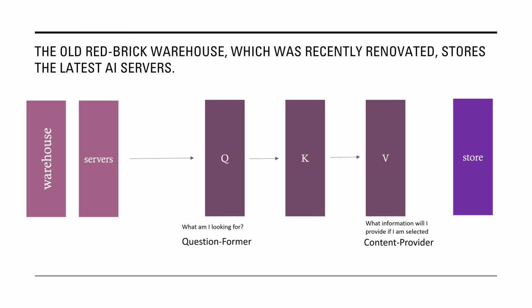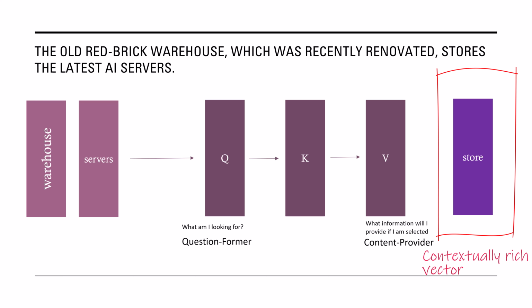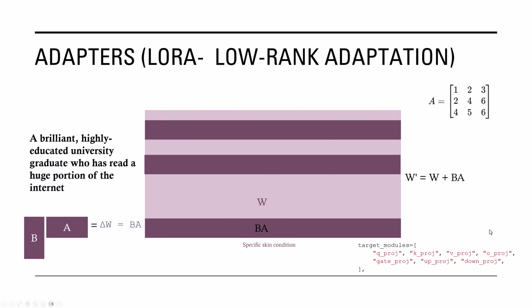So the final vector for store is no longer just its dictionary definition. It is now a contextually rich representation that understands store is an action being performed by the warehouse on the server.